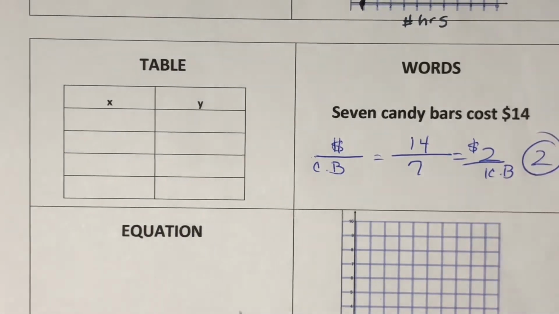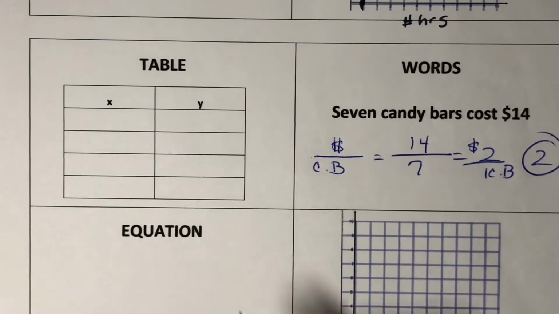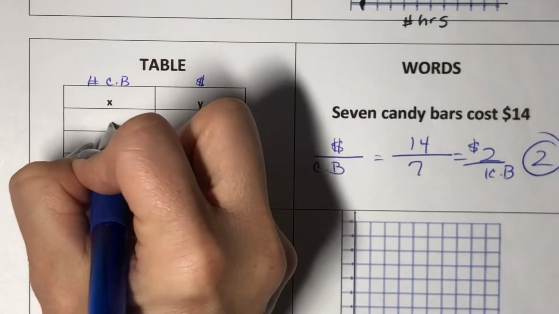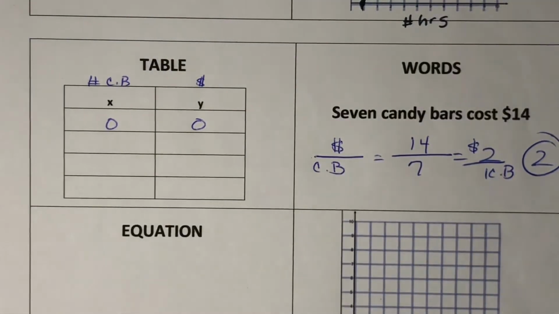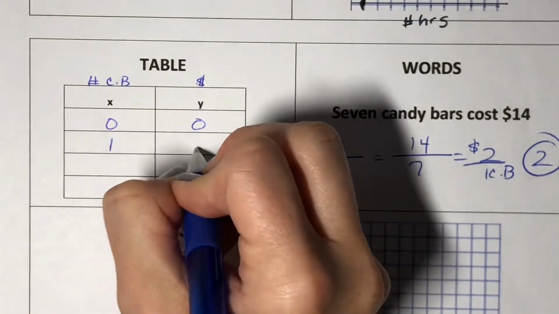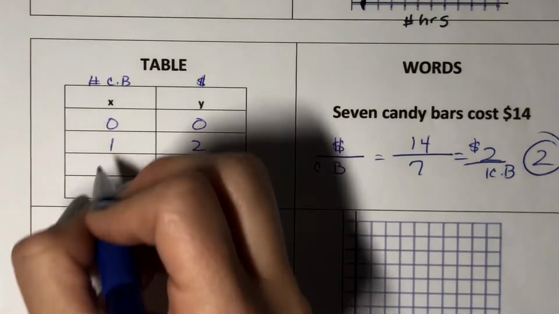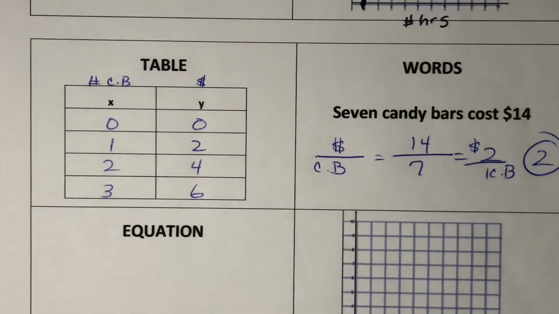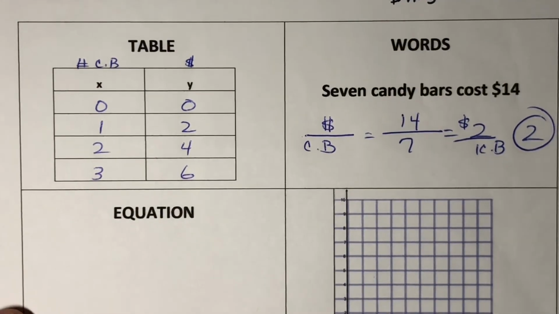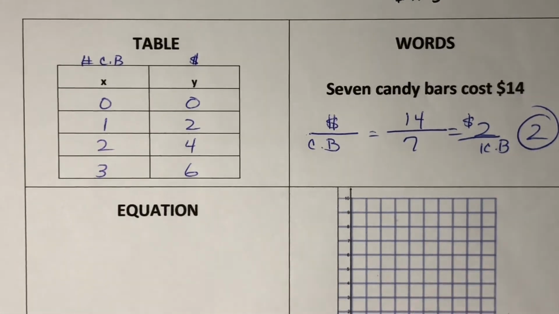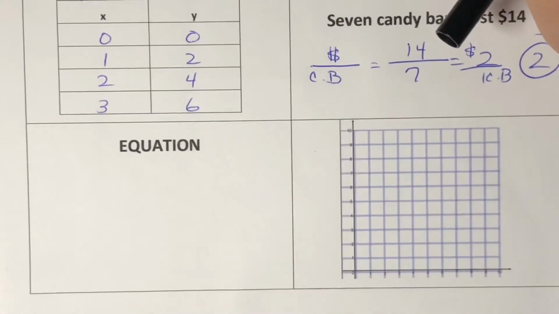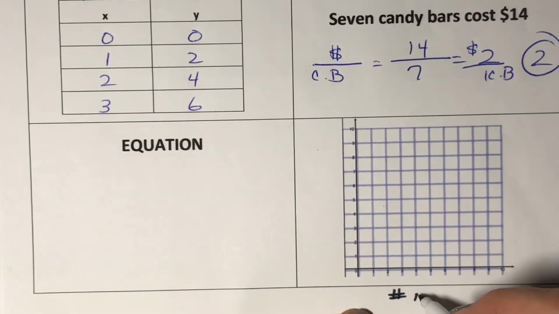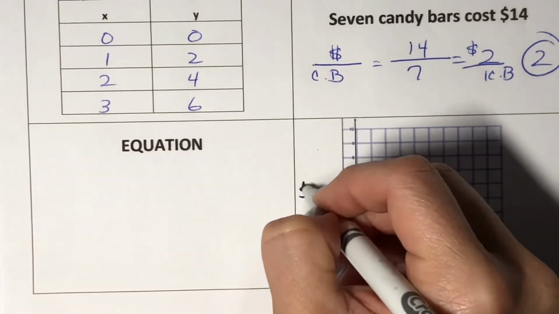We're going to use 2 as our unit rate, or as our slope, which means if this is the number of candy bars and this is our cost, we don't pay anything. But as soon as we buy 1, we'll owe the register 2. 2 would be 4, and 3 would be 6. Nothing fancy, right? And again, if I were to graph this, we'd put our number of items on our X axis and our cost here.